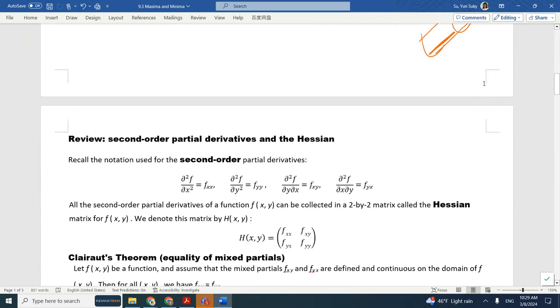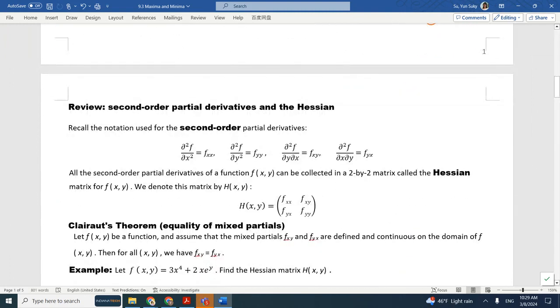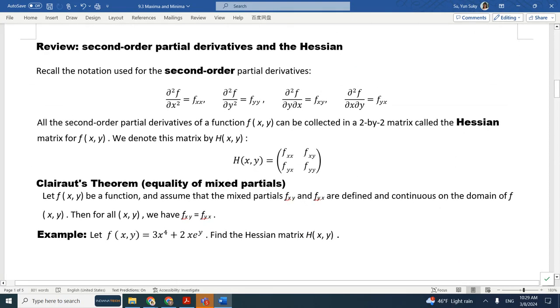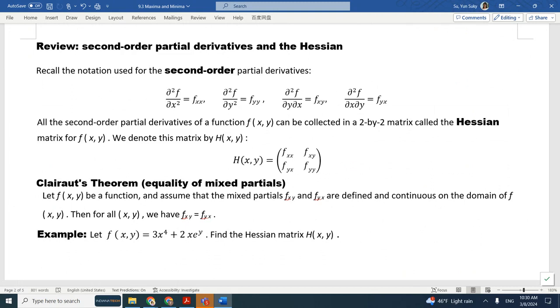Okay, so now we just learned the second partial derivatives. Here, all the second-order partial derivatives of the function f can be collected in a 2x2 matrix, the Hessian matrix for f.